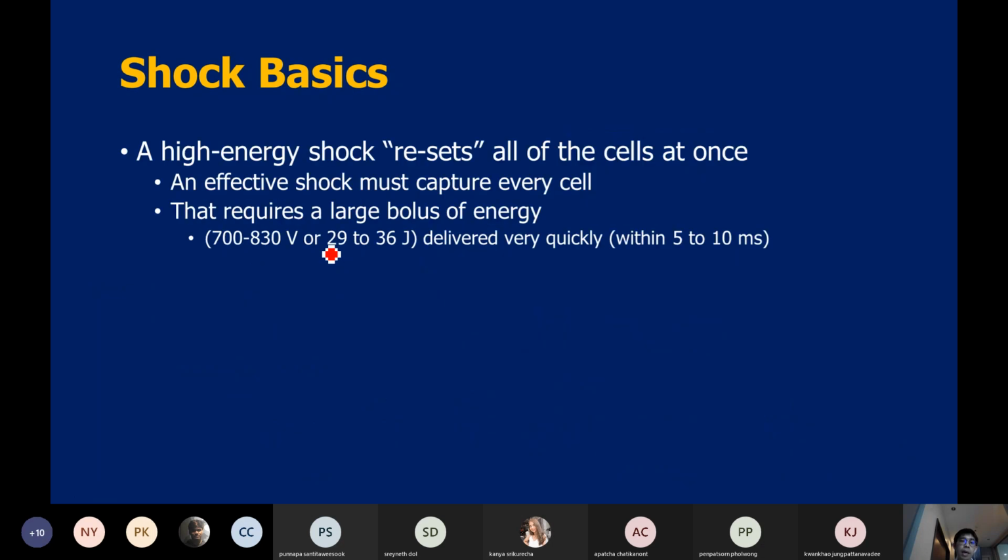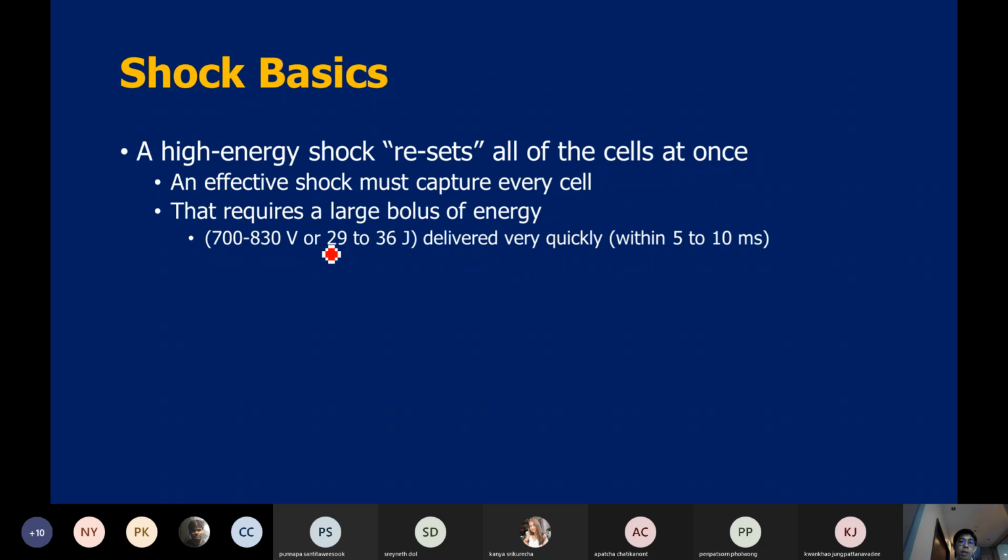So we apply a high energy shock to reset all the cells, to restart them to the same stage of depolarization. And when every cell is reset, the ventricular arrhythmia would stop.